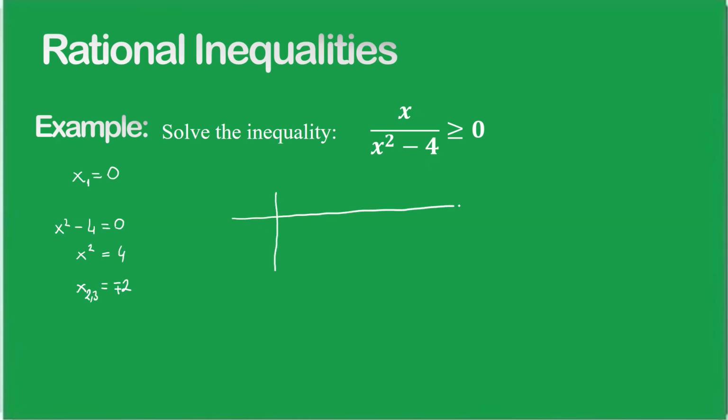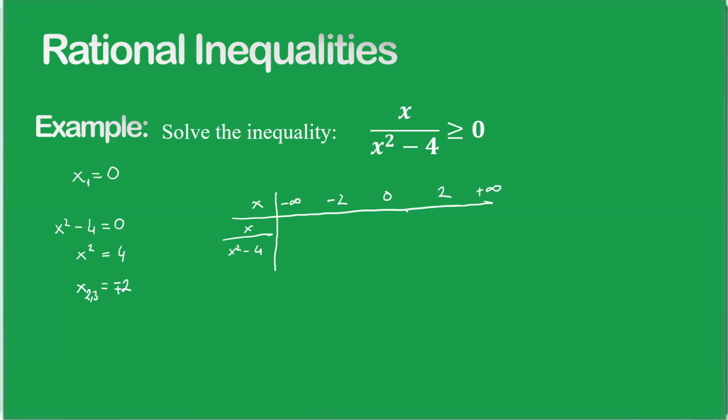Here x from minus infinity, and here the expression x over x squared minus 4. And here the least one is minus 2, the middle one is 0, and the greatest one is 2, then plus infinity.